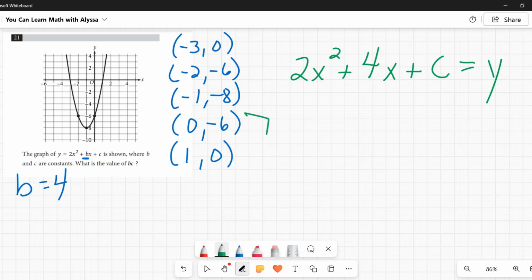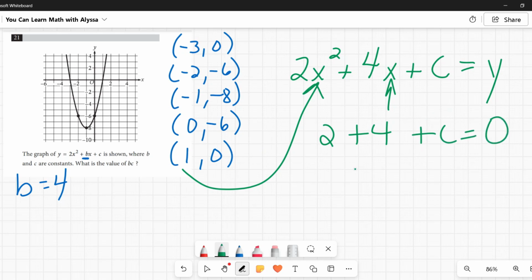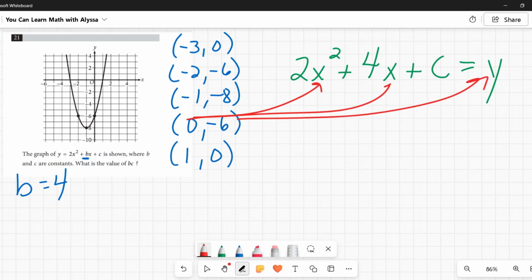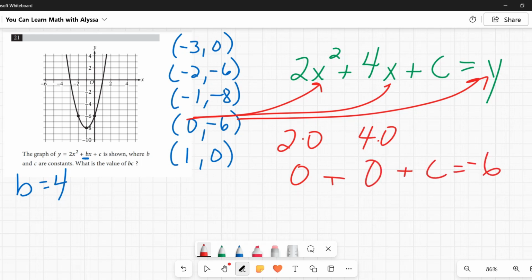I think these two are probably the easiest, because if I plug 1 in for x and 0 in for y, I get 2 plus 4 plus c equals 0. That's a pretty straightforward one. This one is arguably even simpler, where you plug in 0 for x and then -6 for y. So I'll get 2 times 0, or 0, plus 4 times 0, or 0, plus c equals -6. C is equal to -6.